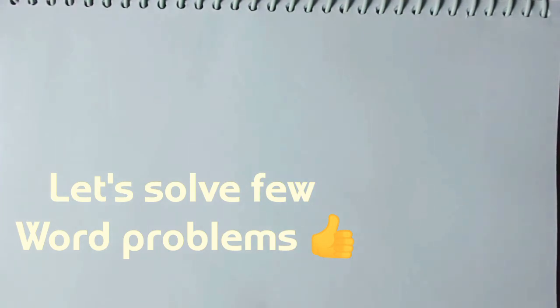And number 3 says, what are they saying in number 3? In number 3 they are saying that Rohit bought a tape recorder for rupees 1500.